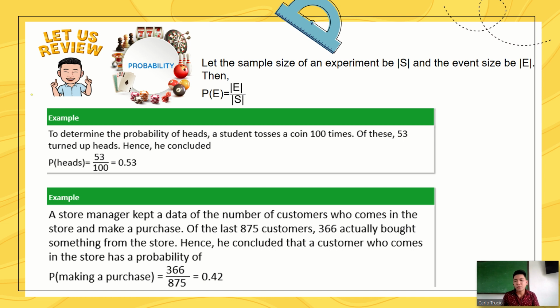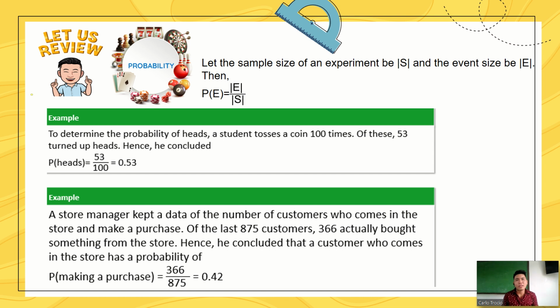Okay, another example: a store manager kept data of the number of customers who come in the store and make a purchase. Of the last 875 customers, 366 actually bought something from the store. Hence, he concluded that a customer who comes in the store has a probability of 366 over 875, because out of 875 customers, there are only 366 customers who bought something.